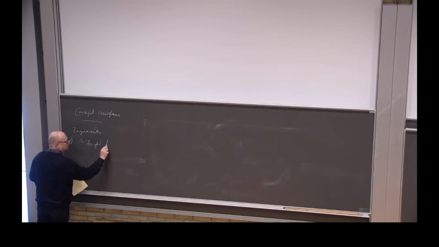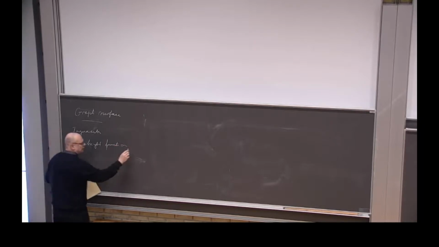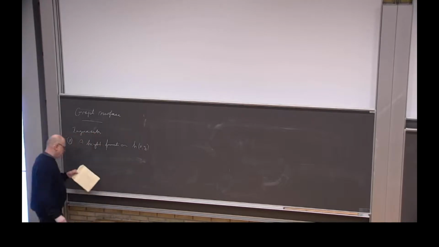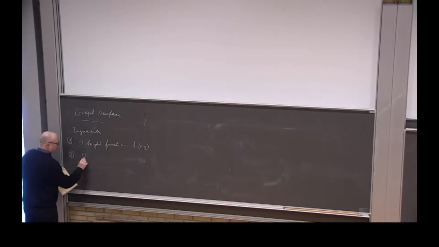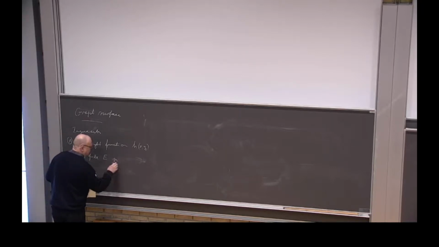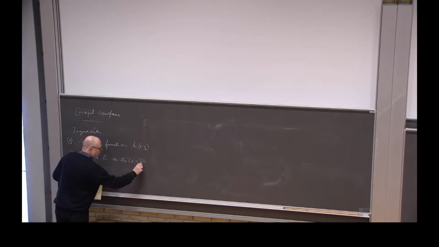First of all, we have a height function. Let's call that h of x comma y. This is a height. And then you're given a field, call it E in the x, y plane.